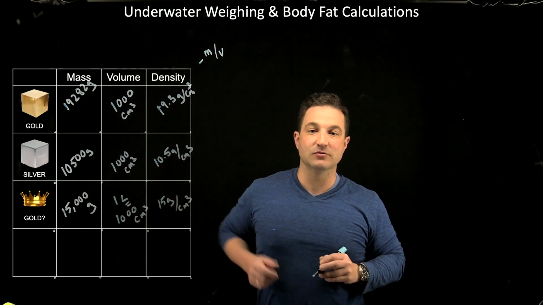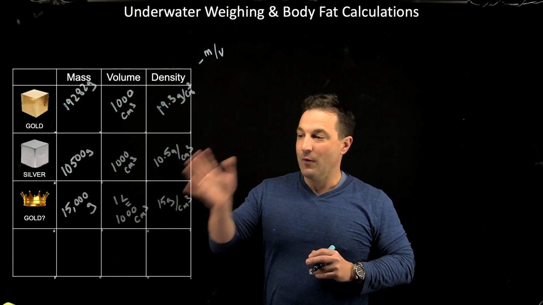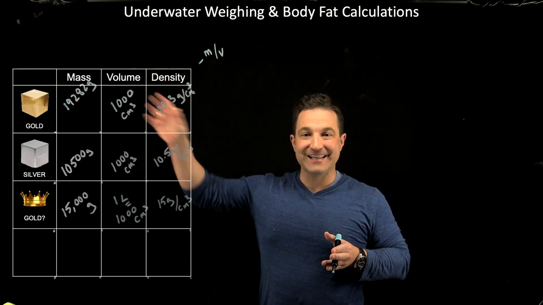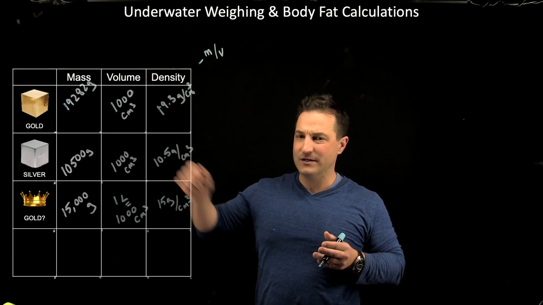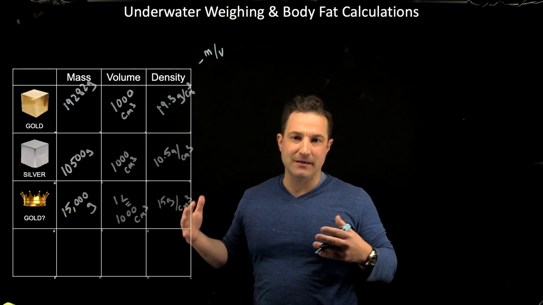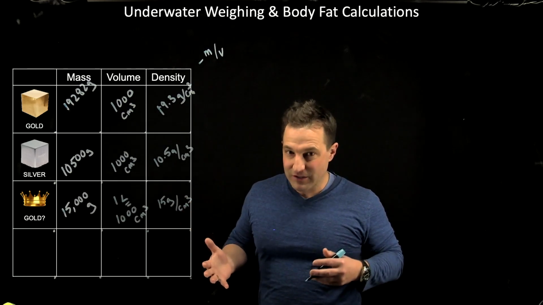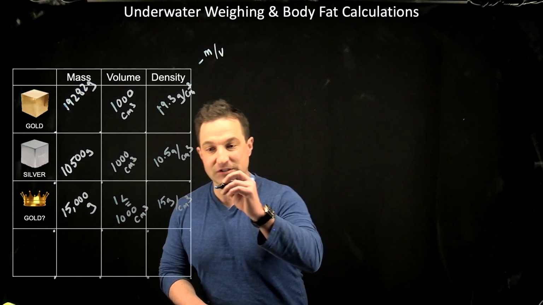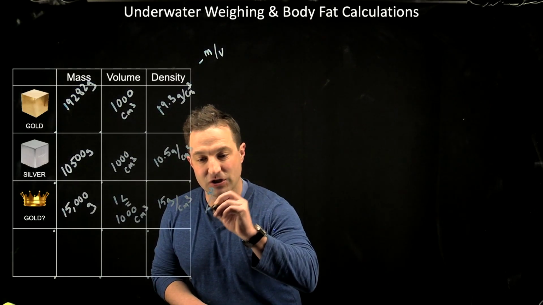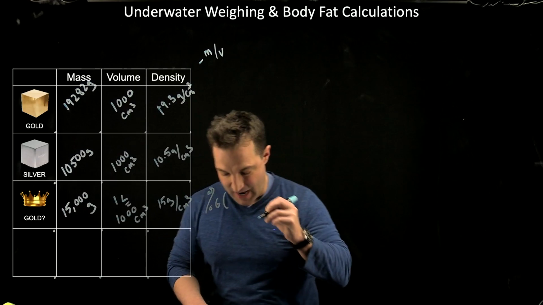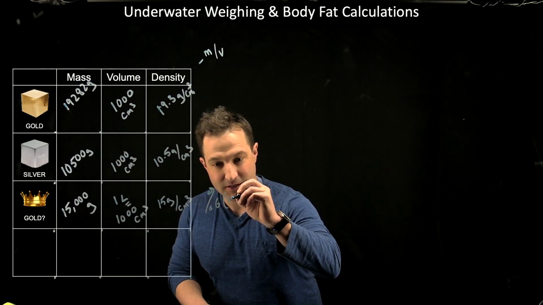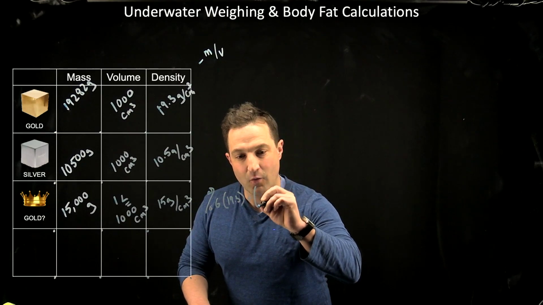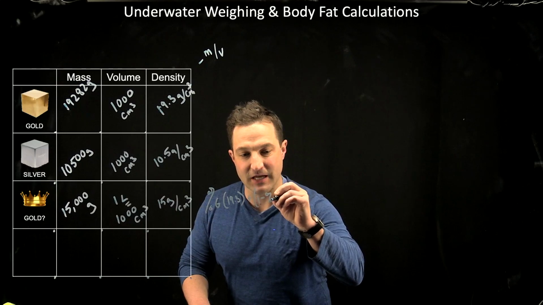So Archimedes was able to go back to the king and say, well, the density of this crown is not consistent with gold. It is less dense than the gold. It is a little bit more dense than the silver, so it happens to probably be a combination of the two. If we wanted to go into that and figure out exactly what percentage that would be, well, we would just say, okay, the percentage of gold times our density of gold, 19.3, plus 1 minus the percent gold.